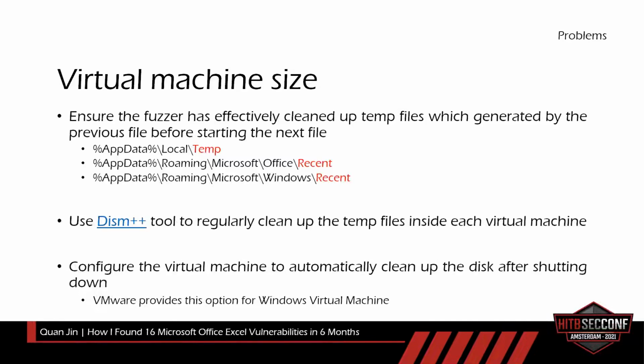In this way, the size of each virtual machine will be automatically reduced after shutdown, and the size of each virtual machine can be restored to the original size at a fixed interval, such as a few weeks, thus creating a basis for continuous fuzzing.